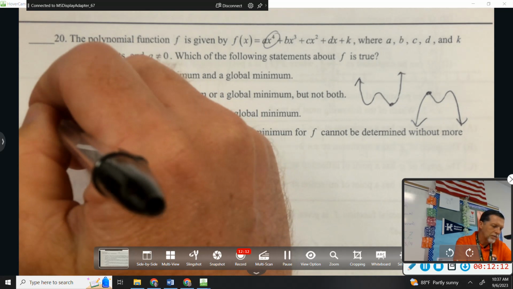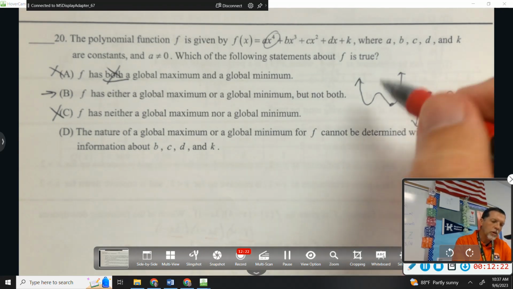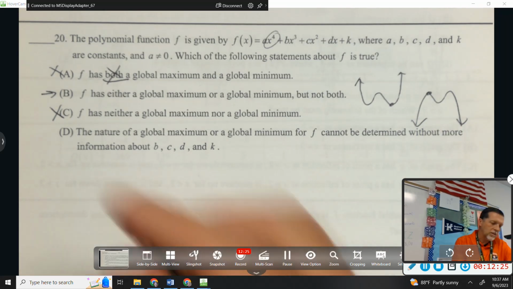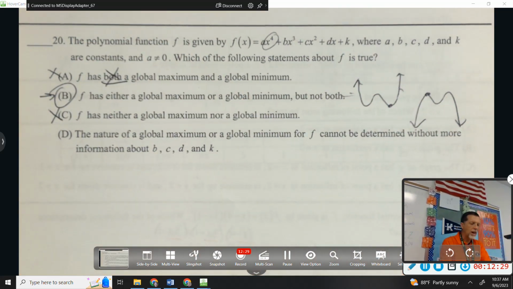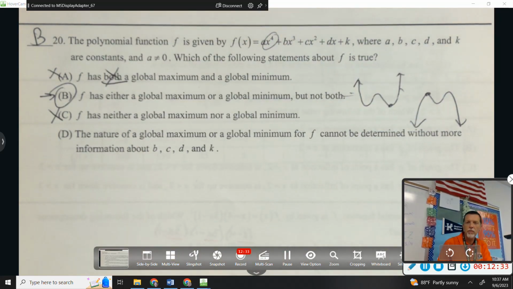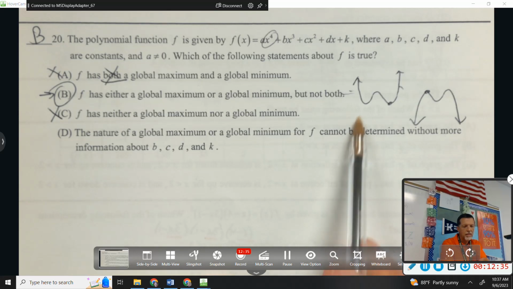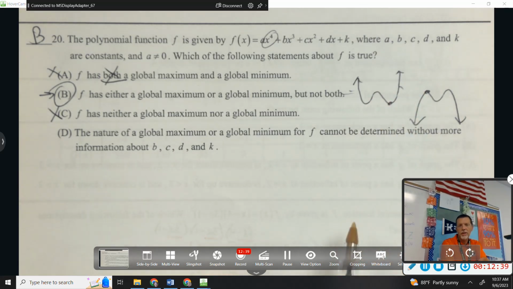No, we think it has one of them. And answer D, the nature of global max and min cannot be determined without more information. No, I know it's x to the 4th, so I know the ends are doing the same thing. So I think there's enough to answer this question. There's at least a global max or a global min, but not both.